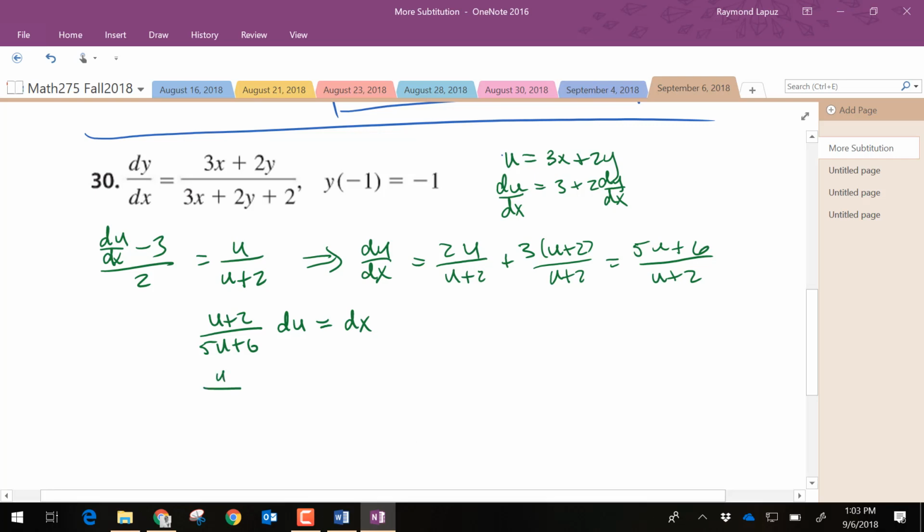But if we split this up, the first integral is some sort of u substitution that we need to be careful about.